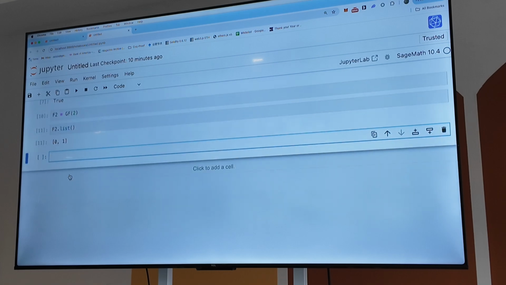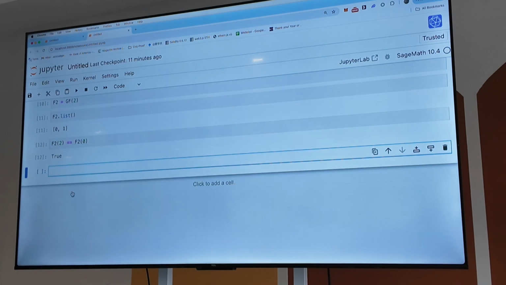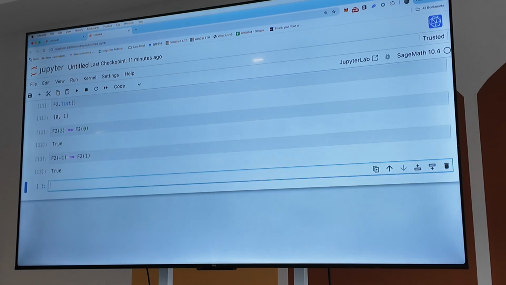And in F2, 2 is actually equal to 0. Please remember this. And what about negative 1? It's actually equal to 1.